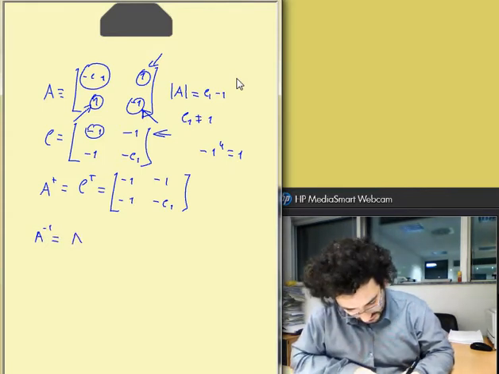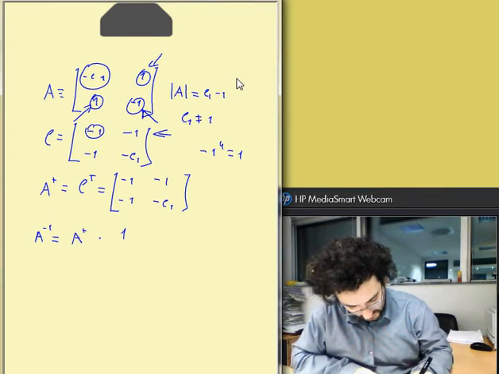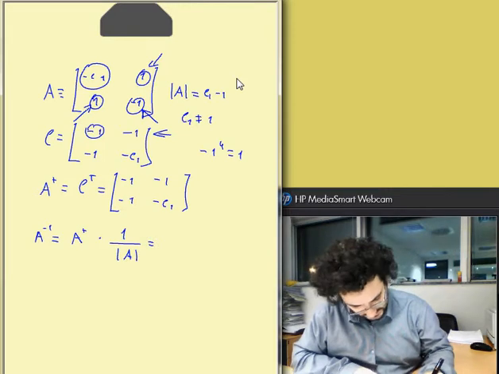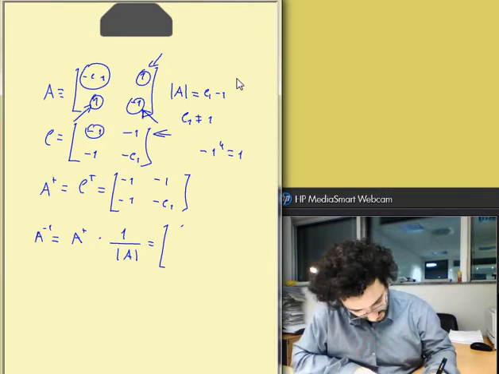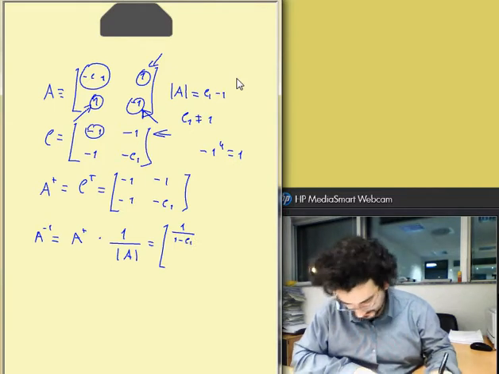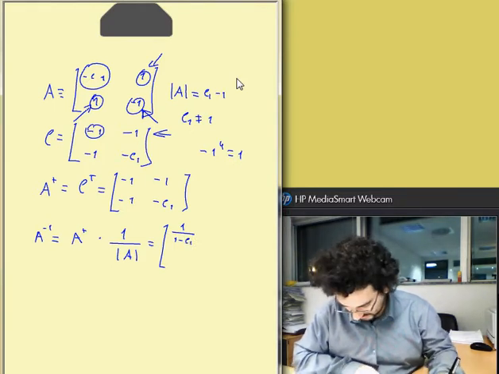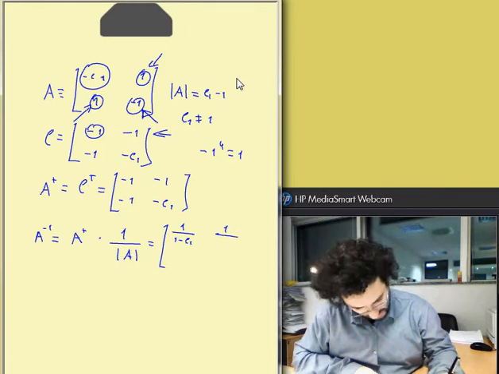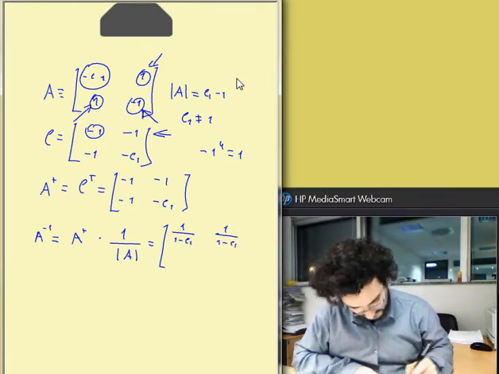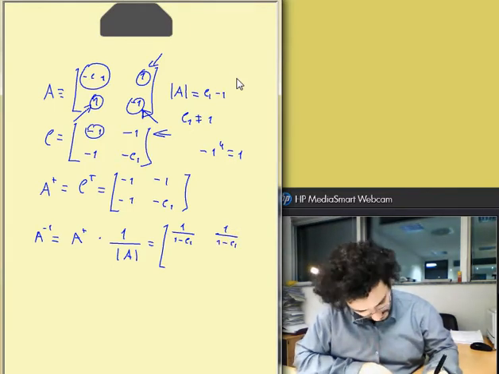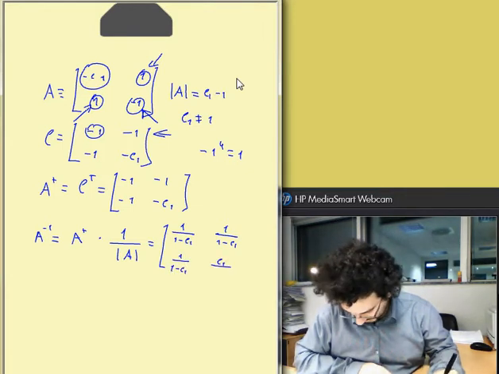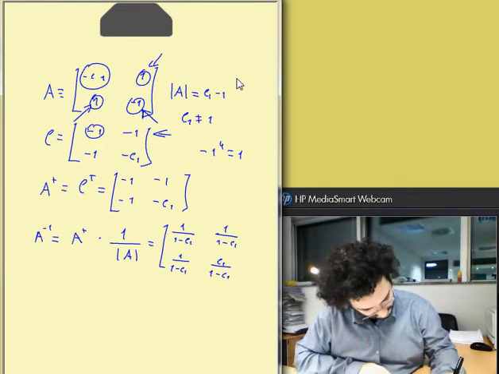By the adjoint matrix times 1 over the determinant of A. So we can write this inverse matrix A as 1 over 1 minus C1, again 1 over 1 minus C1, again 1 over 1 minus C1, finally C1 over 1 minus C1.